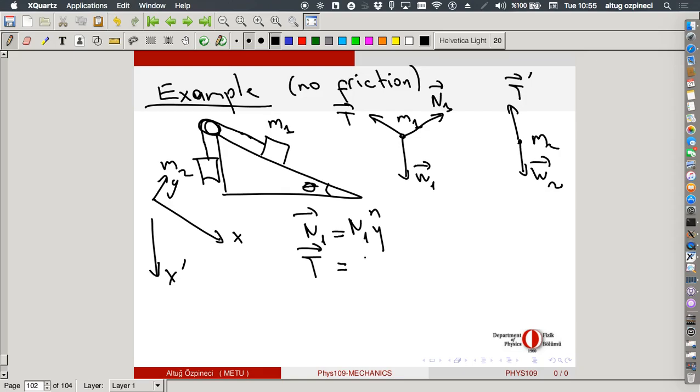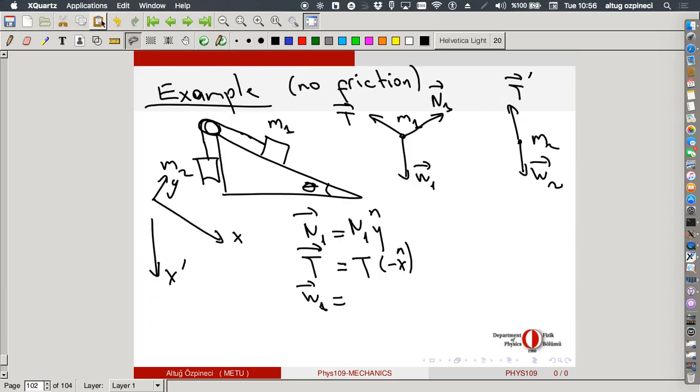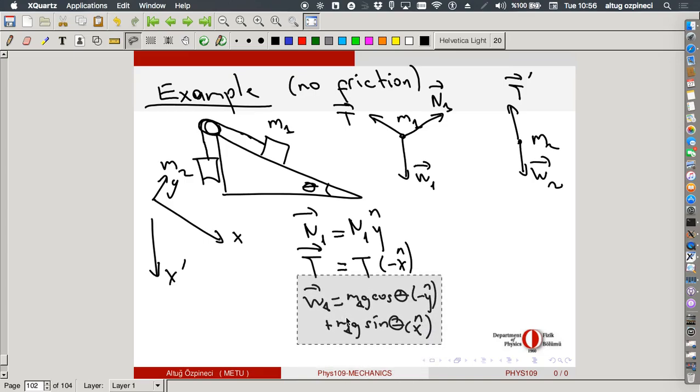But let's just call it T. It will be pointing in the minus x direction. And then there is the weight. The weight is exactly as before. The weight has the same expression. So this is the weight, omega 1, m1 g. So that's all I need for the first mass.